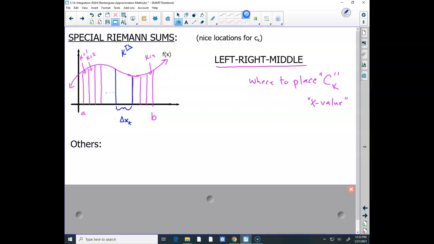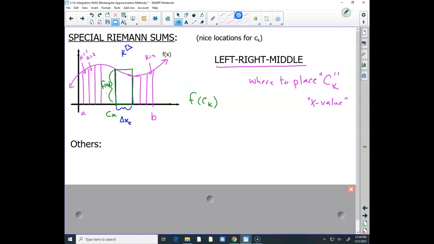And if I placed c sub k on the left side here, that f of c sub k is going to give me this rectangle right here. So this would be f of c sub k. That would be my height.